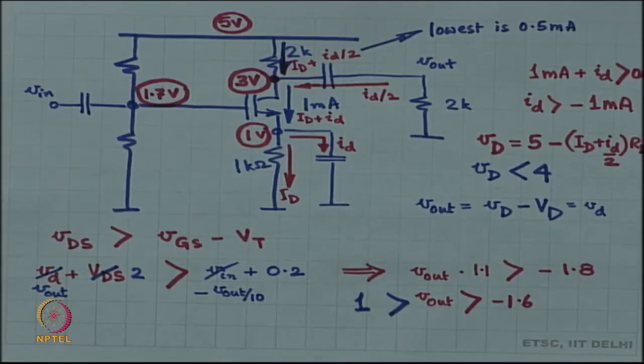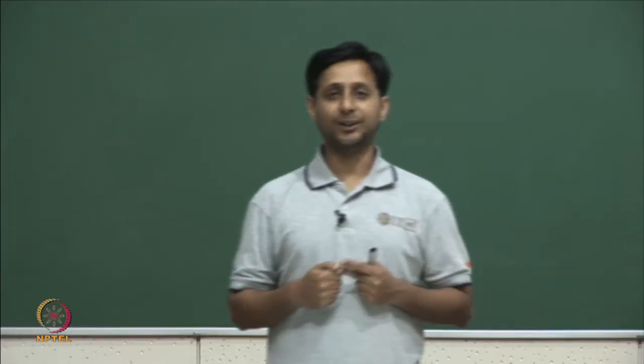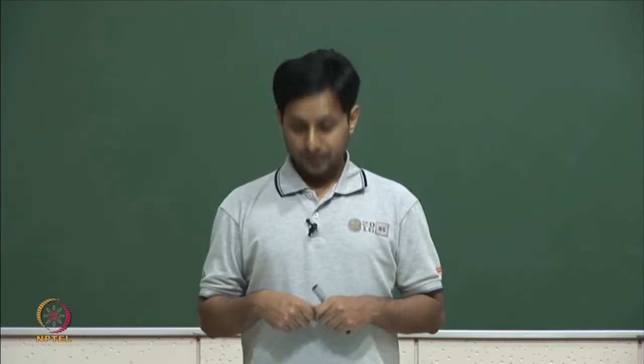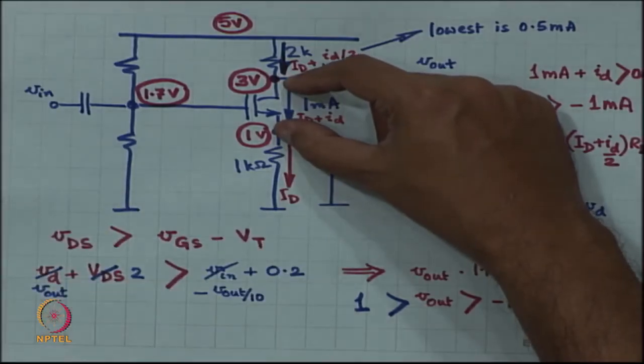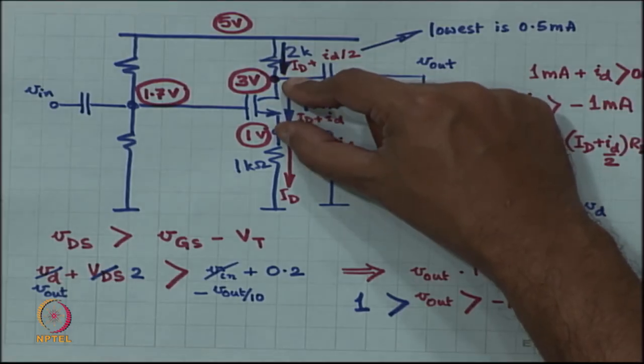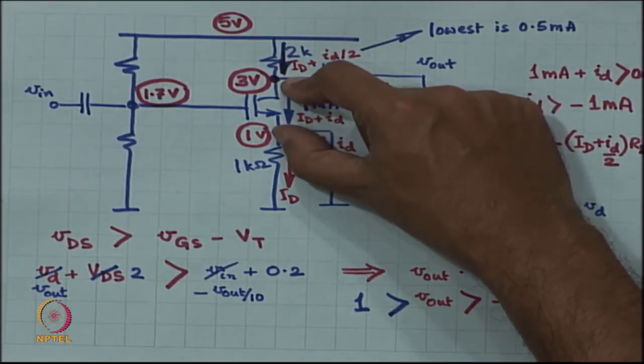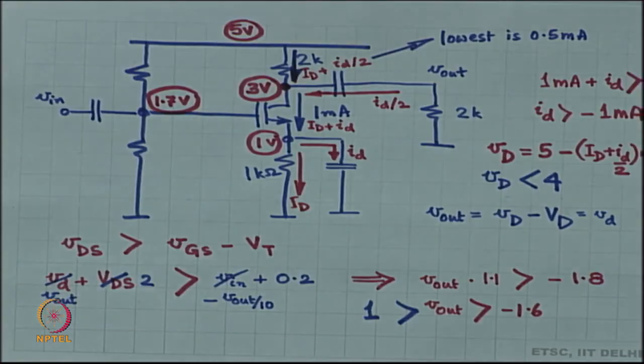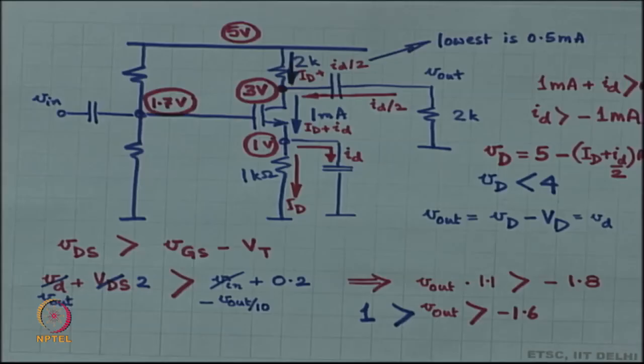So, these are the limits of the output voltage. These two are always going to be dictated by two conditions. One is what is the voltage VDS, this VDS has always got to be more than VGS minus VT. This is condition number 1, and condition number 2 is what is the current through the device. This current has always got to be more than 0. Based on these two conditions, you will get these two limits.